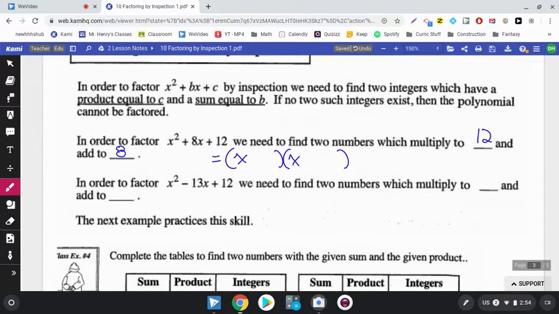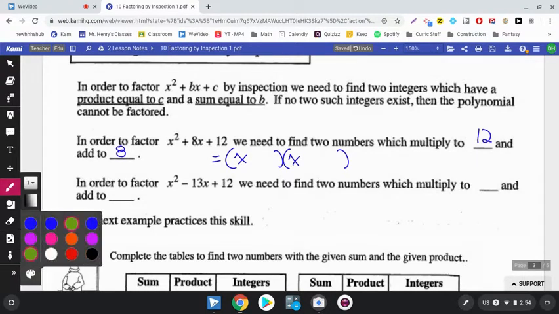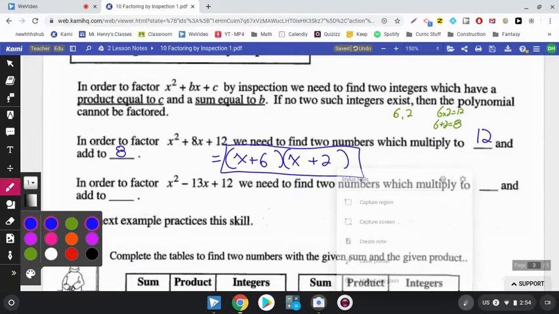Those numbers multiply to 12, add to 8. I think those numbers are 6 and 2 because 6 times 2 equals 12 and 6 plus 2 equals 8. We'll talk more about finding these in a sec. So I could plug in plus 6 and plus 2. Hey, I've successfully factored that polynomial. If I multiply it out, I get what I originally started with.